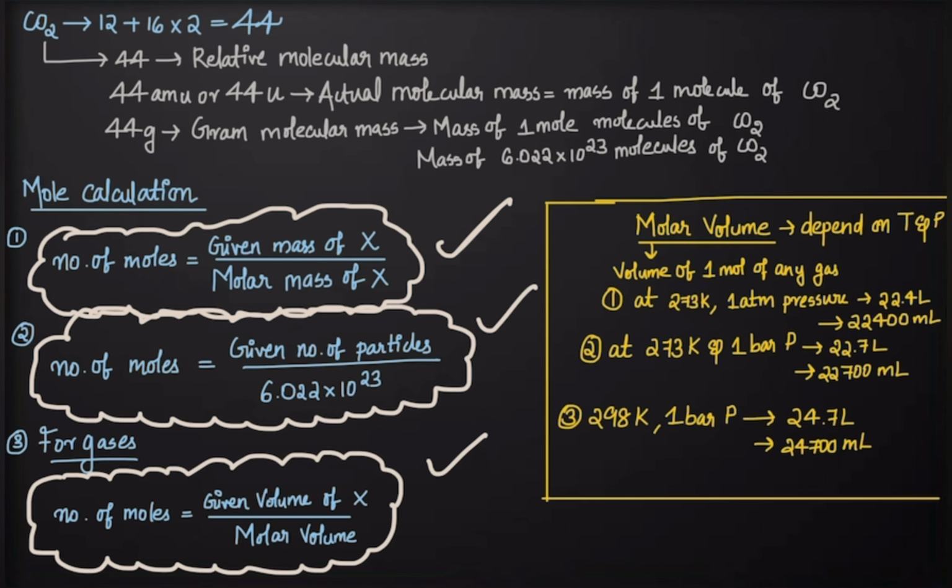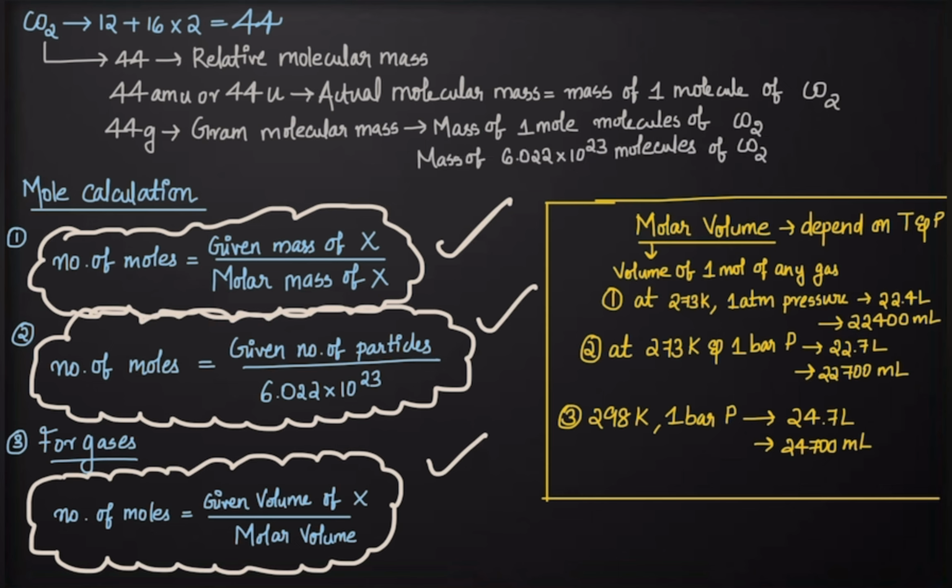And the mass of one molecule of carbon dioxide is the actual molecular mass, expressed as 44 AMU or 44 U. The mass of one mole, or Avogadro number of molecules, of carbon dioxide is equal to the gram molecular mass, 44 gram.